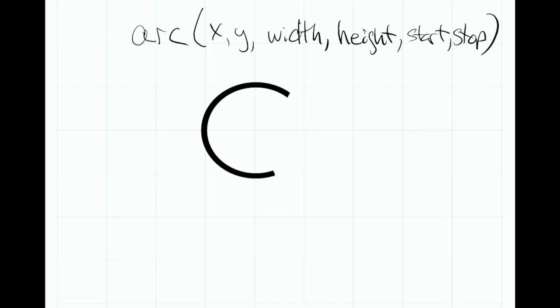Okay, and so the next thing that we want is we'll have maybe some point in here, and we have straight line, straight line. Okay, and I'm going to make that dot a little bit bigger. So this is our X and our Y. We have our width.